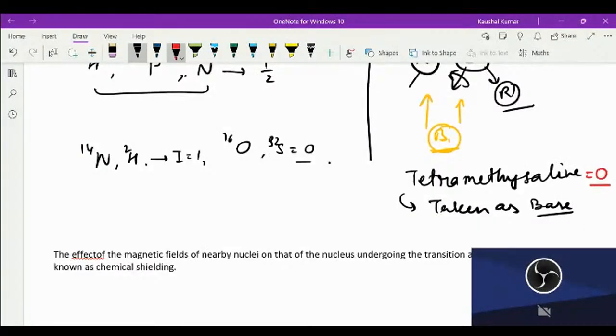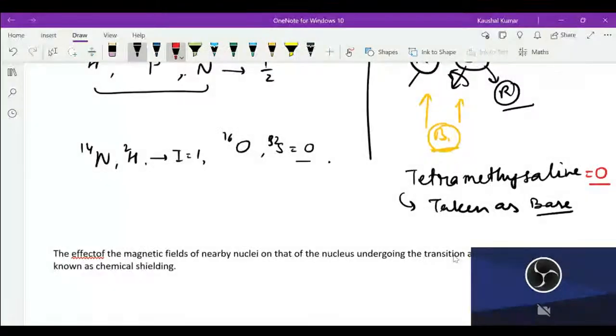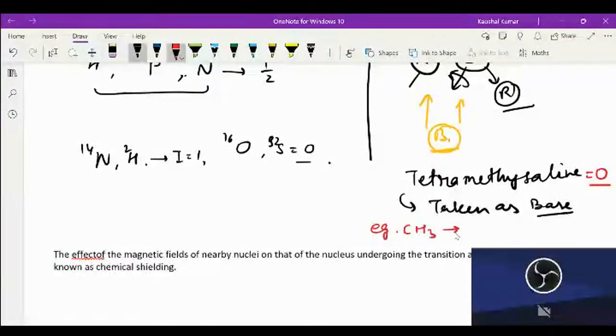If tetramethylsilane is there in a molecule, and if methyl is there, for example, then the chemical shielding will be minus 0.5 to 1.